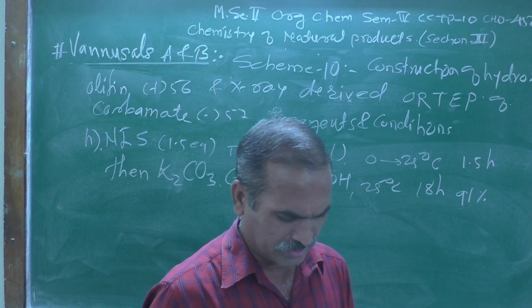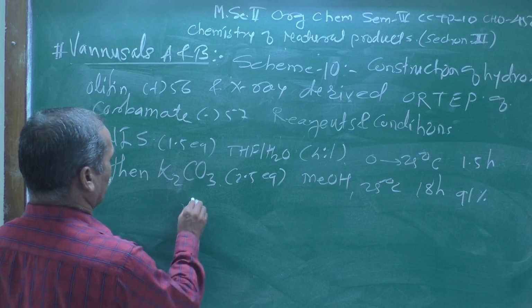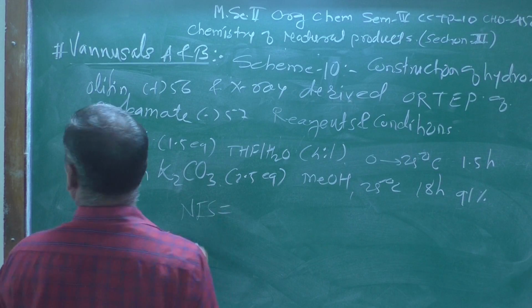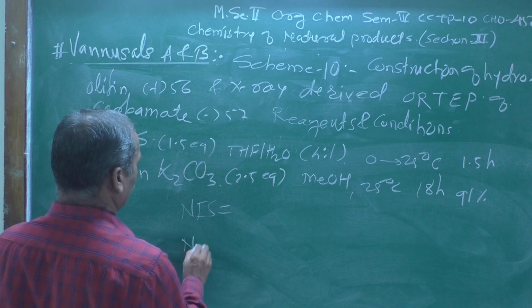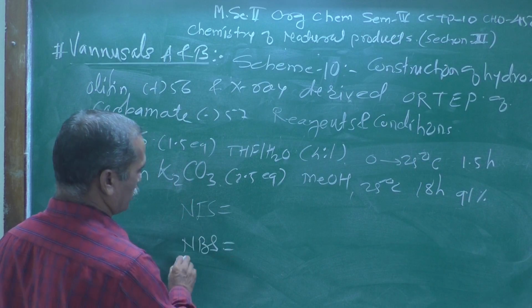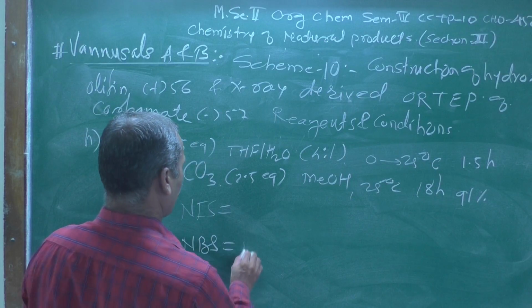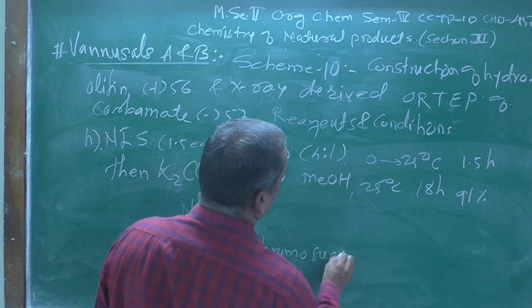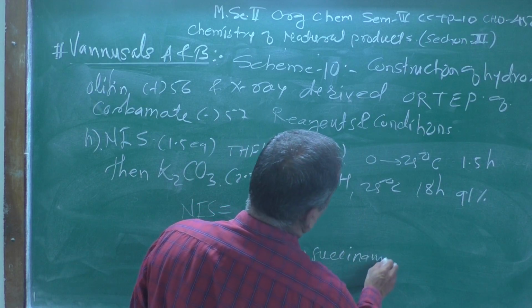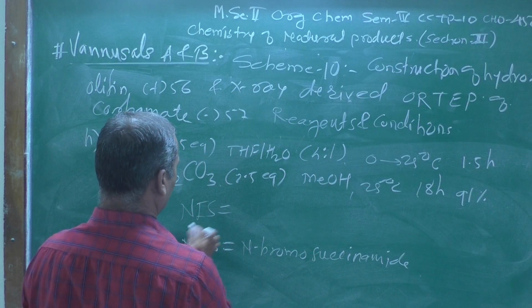And after this there is NIS. NIS means what? NIS is similar to NBS. Everybody knows that NBS is used as a source of bromine, so N-bromosuccinamide is the full form of NBS.